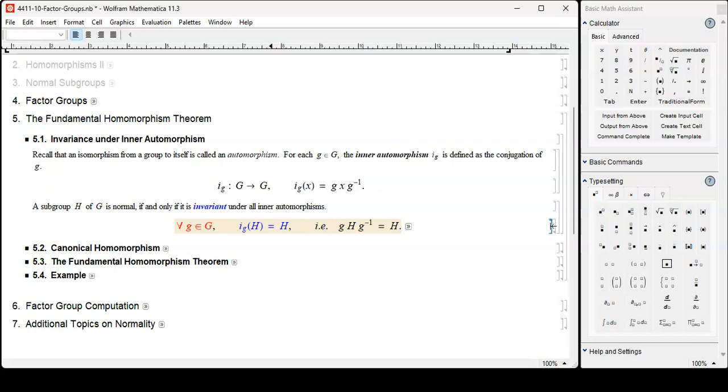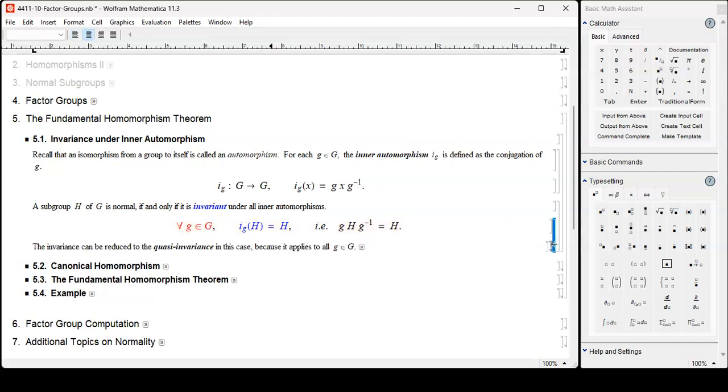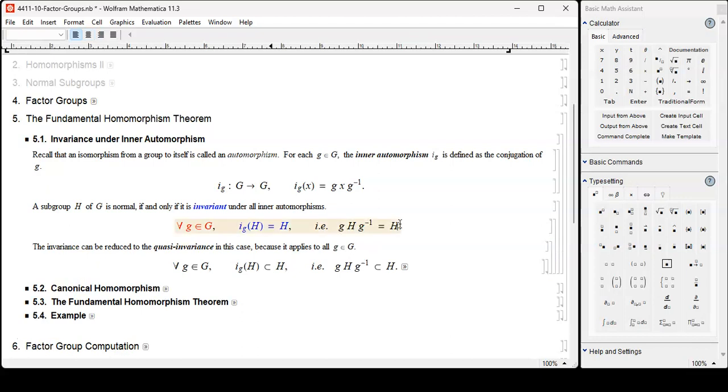And speaking of section 3, do you recall that we reduced this into an inclusion like this? This thing is called quasi-invariance, so basically half invariance. That's because only half of the equality has to be true.